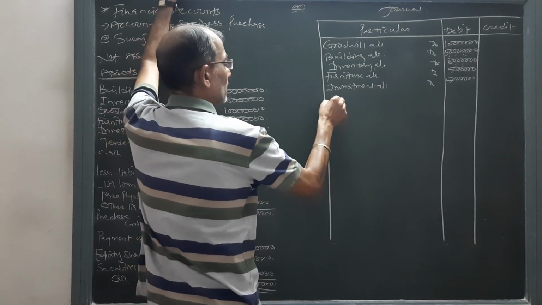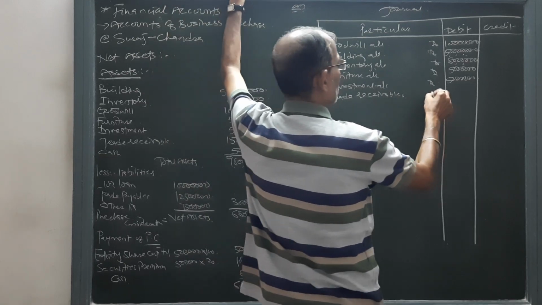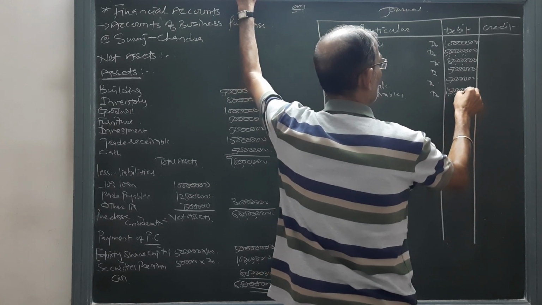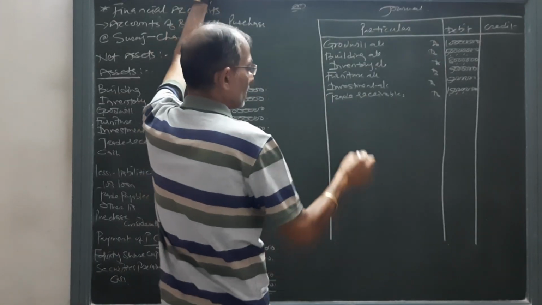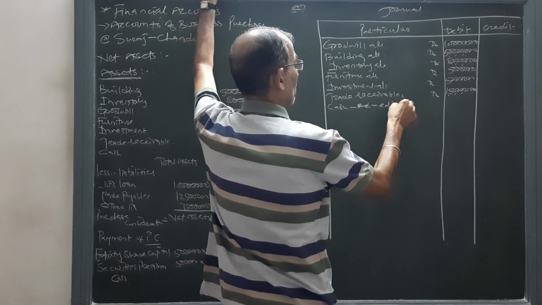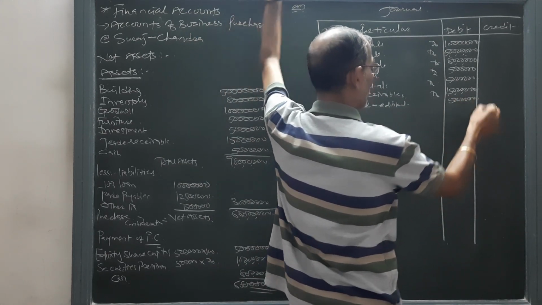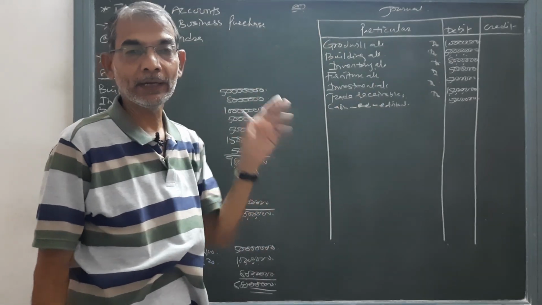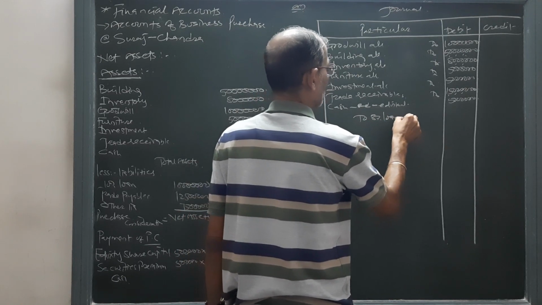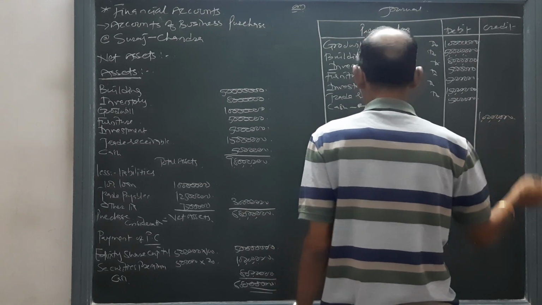Trade receivables 1 crore 50 lakh. And at last cash and cash equivalent, that is 50 lakh. All assets has been debited, then after liability will be credited to 8% loan account 1 crore.